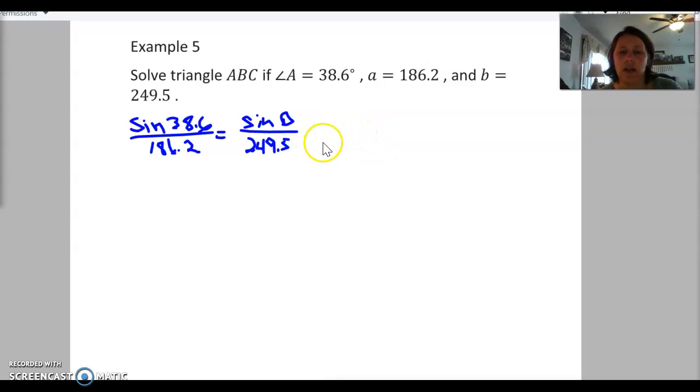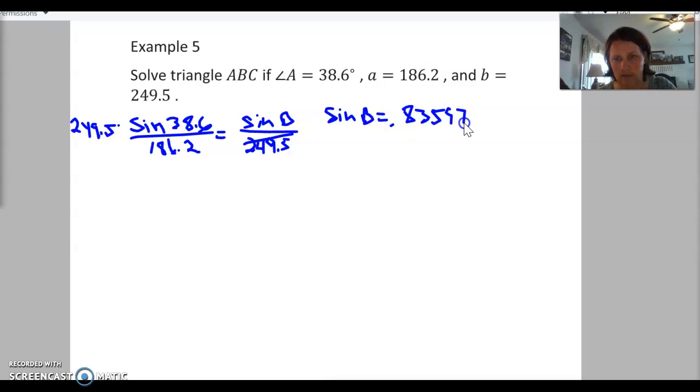Cross multiply, or really all we have to do is just multiply the 249.5. Yeah, that'll make it easier, won't it? Just multiply that over there, and then that's gone, and then we have the sine of B. So sine of B is equal to 0.83597, which is less than 1.